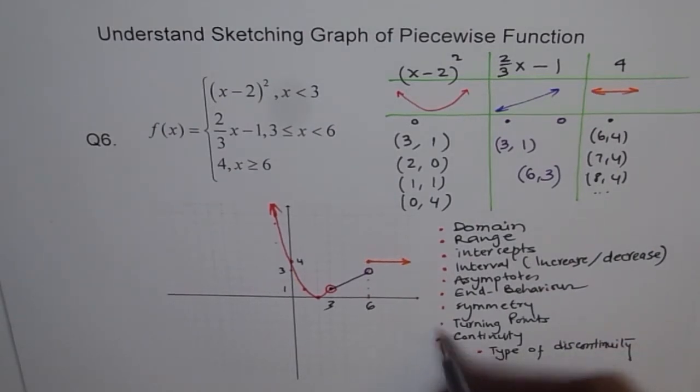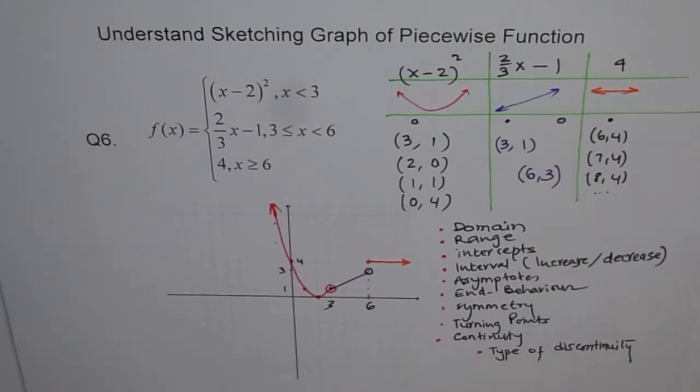and continuity, correct? Now this part of continuity is probably the most important part of this exercise. One of the questions which is always included over this sketching of graphs is to algebraically check whether the function is continuous or not at the places where it is piecing together or splitting apart, okay?